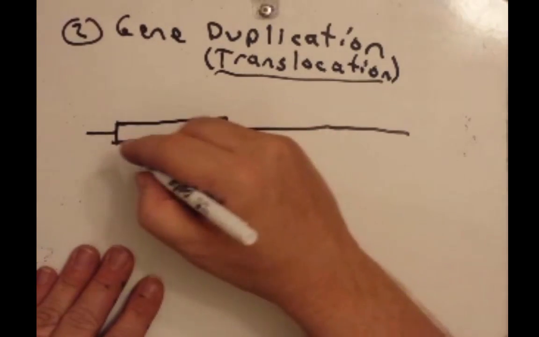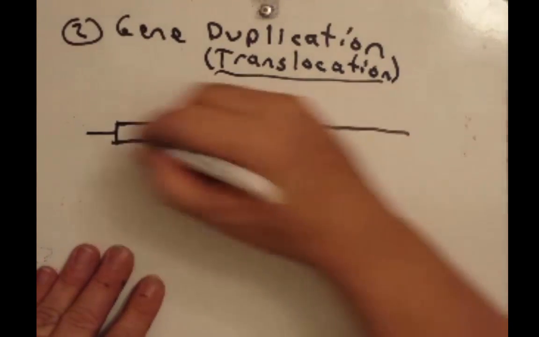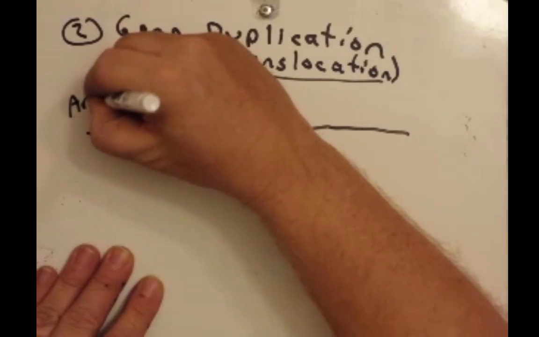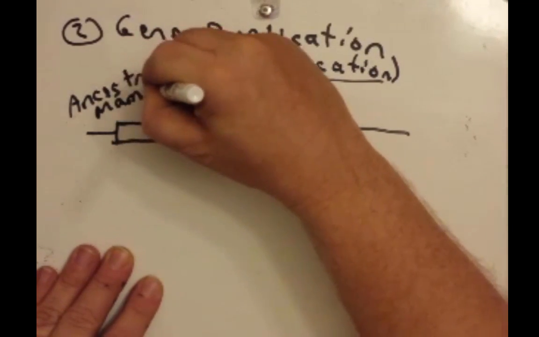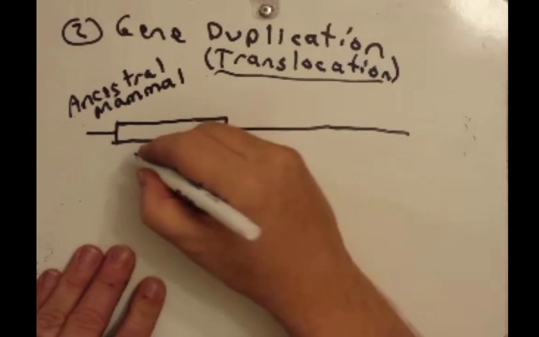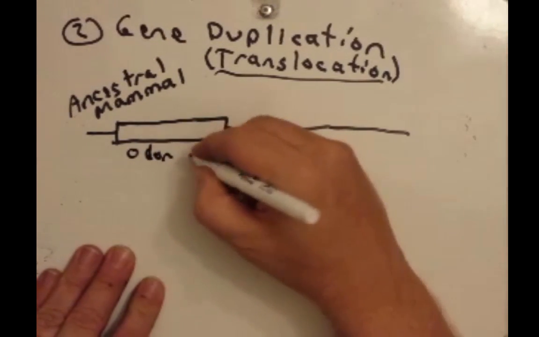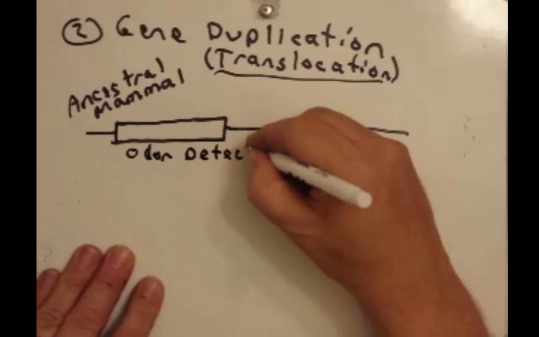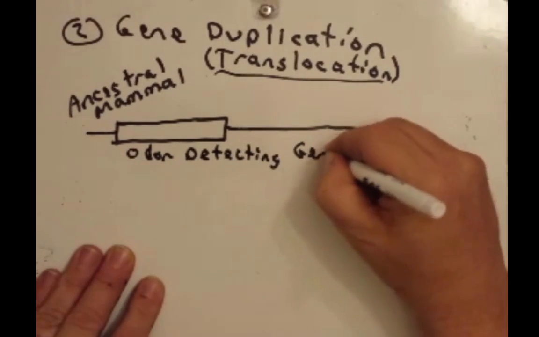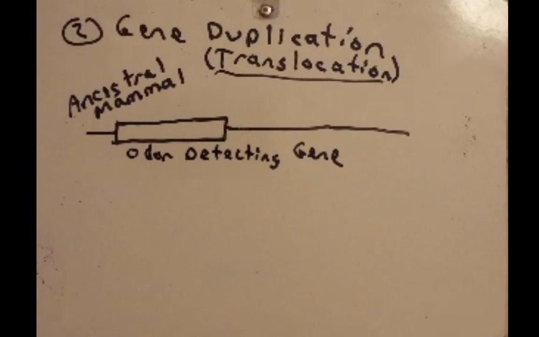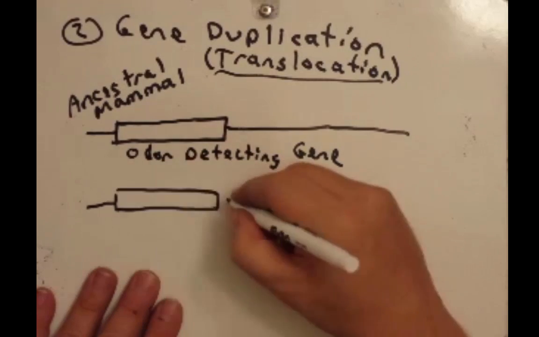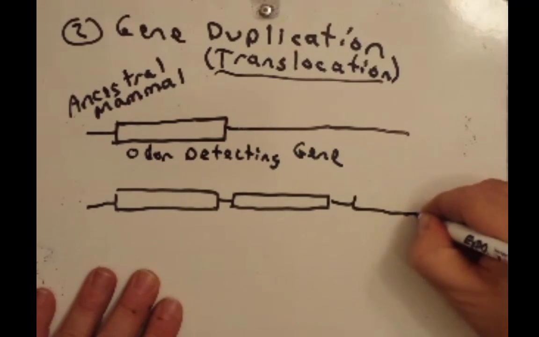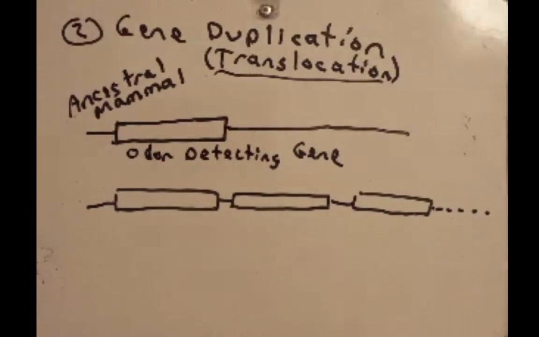We suspect that an ancestral mammal, so let's write ancestral mammal, small mammal, had one of these genes that was an odor detecting gene. Throughout the course of evolution, this gene has been duplicated many times.